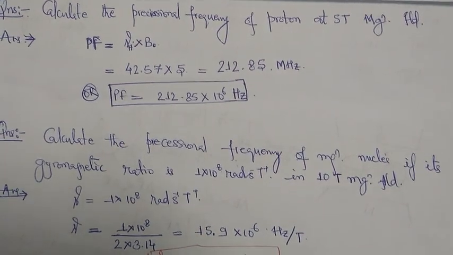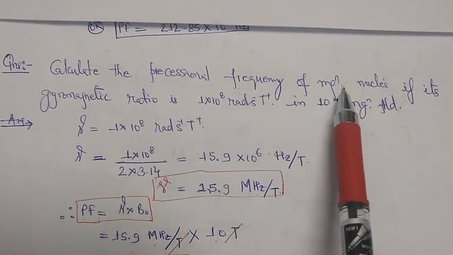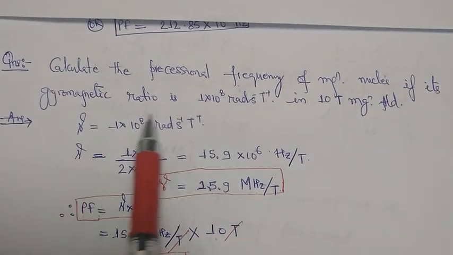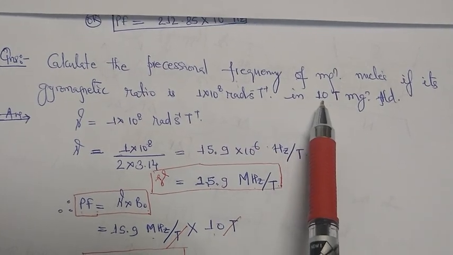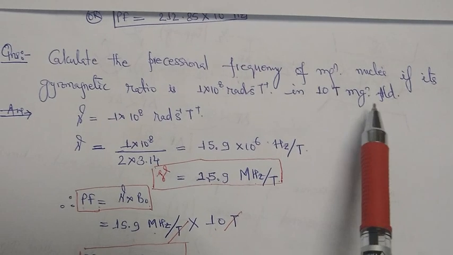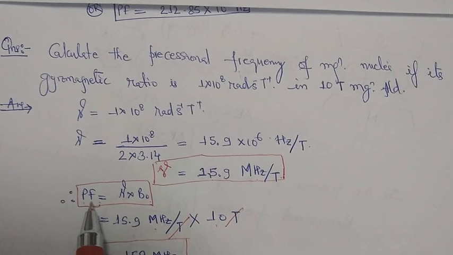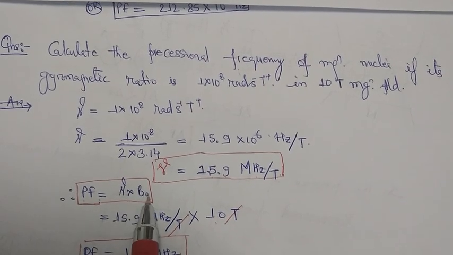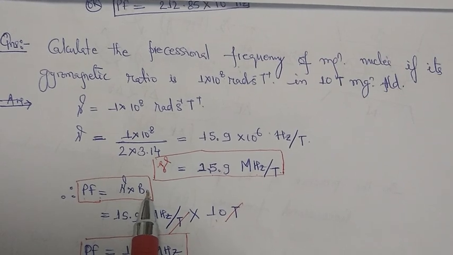Another problem we have: calculate the precessional frequency of a magnetic nucleus if its gyromagnetic ratio is 1 into 10 to the power 8 radian per Tesla in a 10 Tesla magnetic field. First of all, we know the formula, precessional frequency is equal to gamma into B naught, but we should convert gamma into megahertz per Tesla.